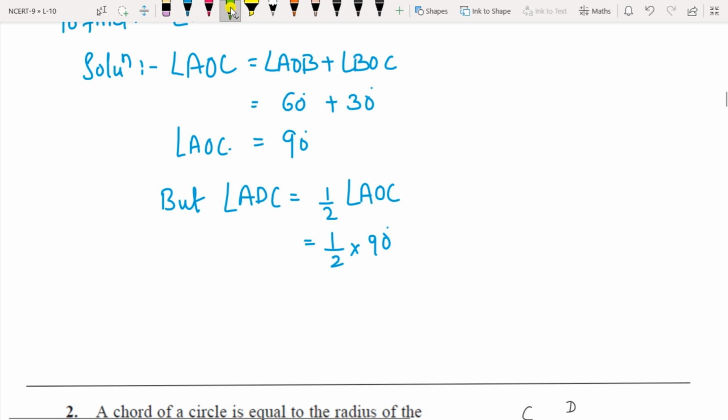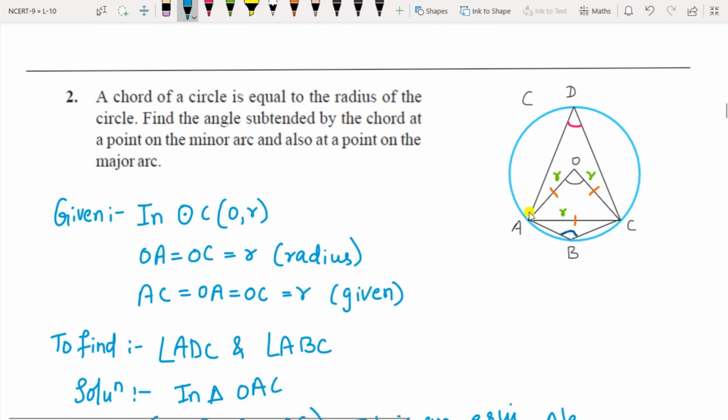So angle ADC equals 45 degrees. This was from theorem 10.8. So this was the solution for question 1. Question 2 here.